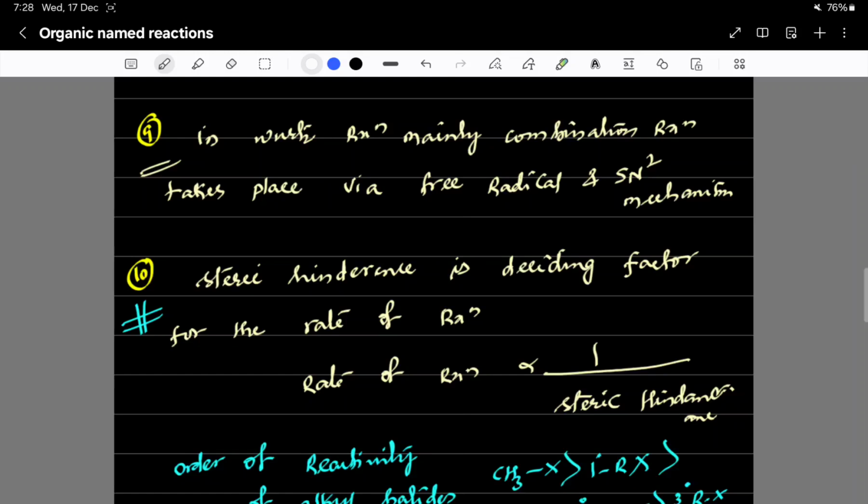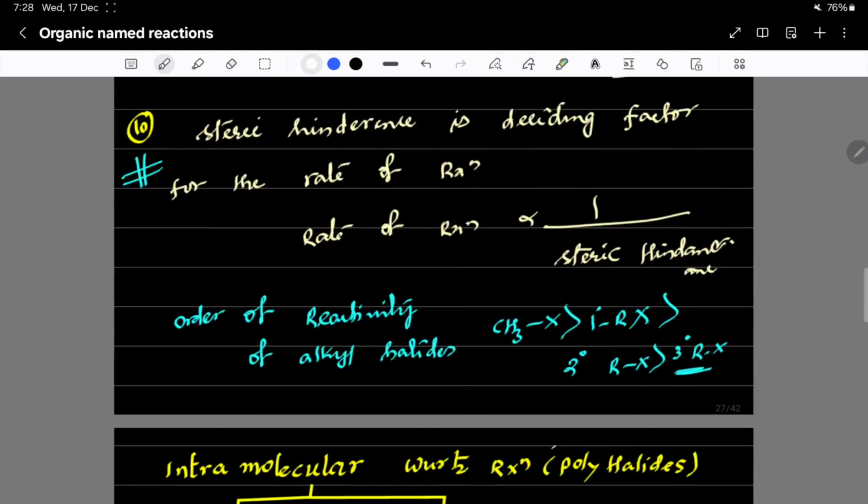Disproportionation reactions we observed as minor only. And this goes via free radical followed by the SN2 mechanism. Okay, right. So steric hindrance is the deciding factor for the rate of reaction. So the rate of reaction is inversely proportional to steric hindrance, right.